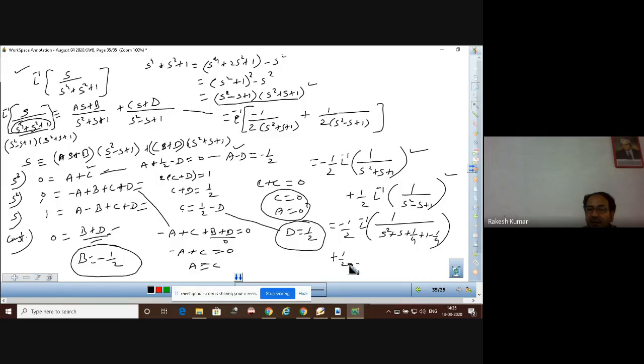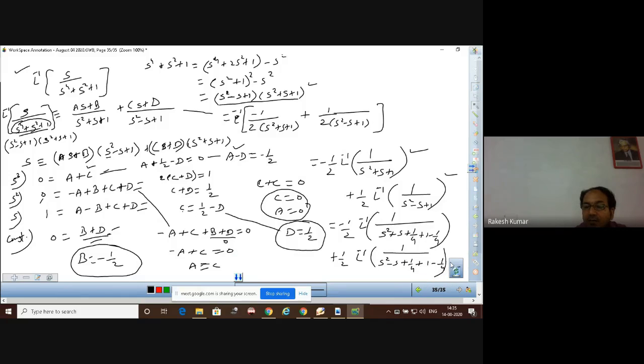Similarly, in the next term, 1 over s square minus s, what is the coefficient of s? That is minus 1, divided by 2, minus 1 by 2, and minus 1 by 2 square is again 1 by 4, plus 1 minus 1 by 4.